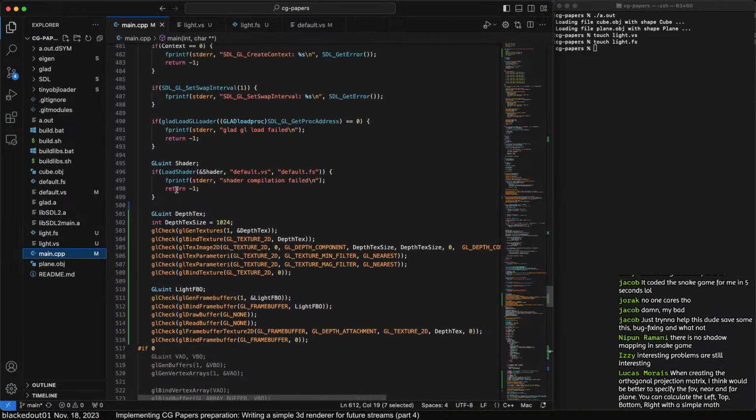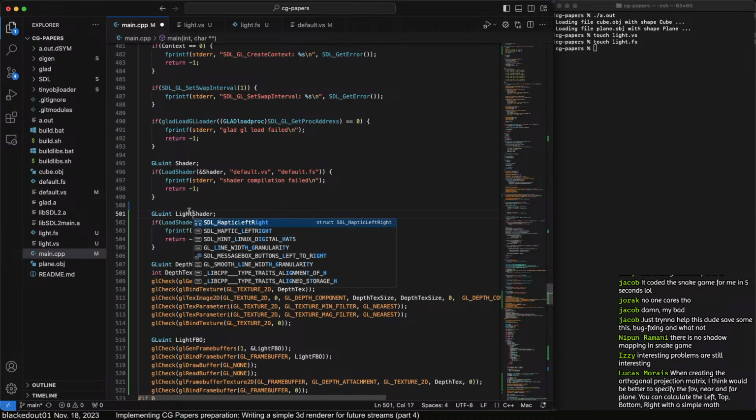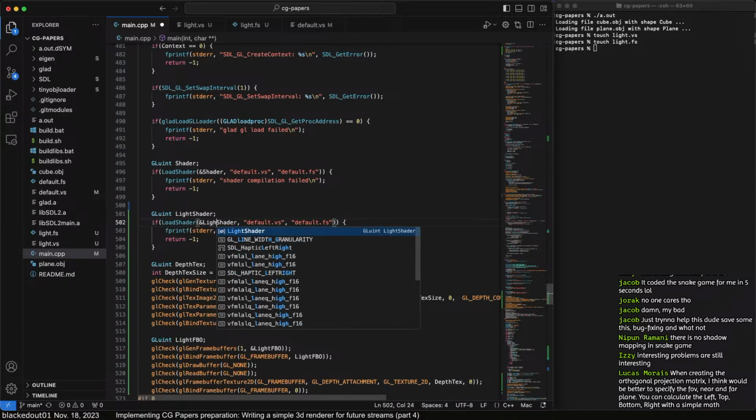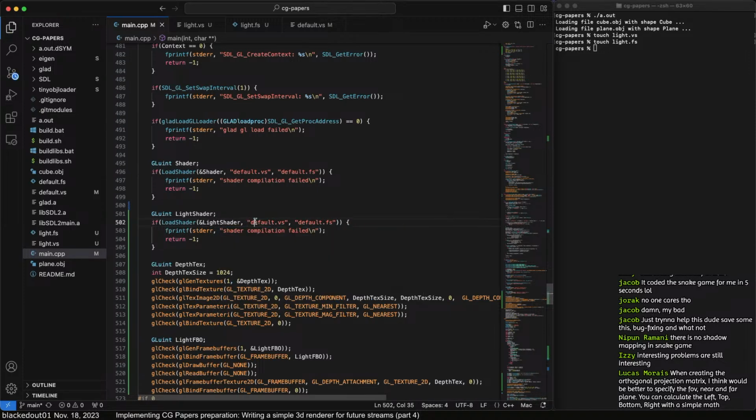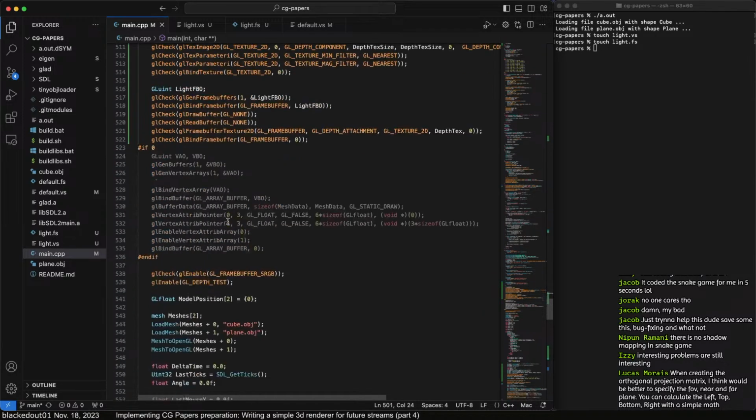So let's see, we create the previous shader here. So let's create another one and call it light shader. Yeah.